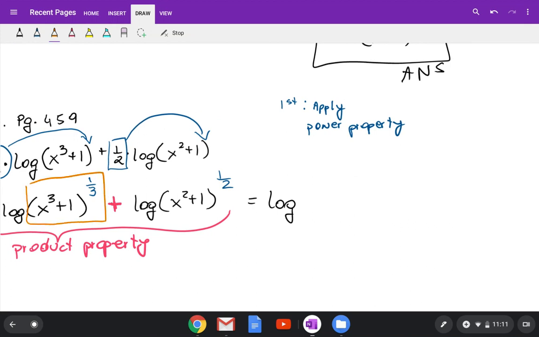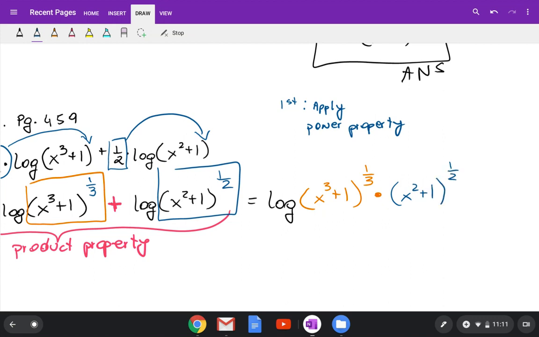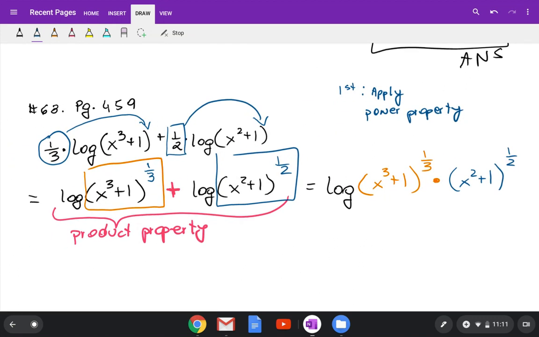So we have (x to the third power plus 1) to the power of 1/3 times the second expression, which is (x squared plus 1) to the power of 1/2.